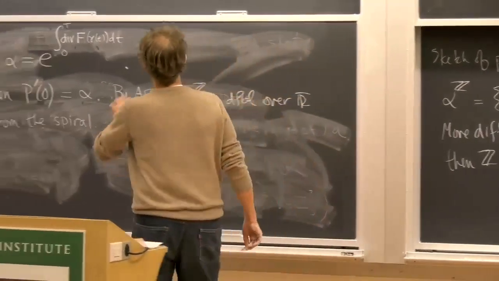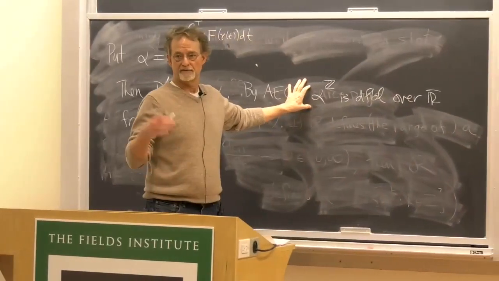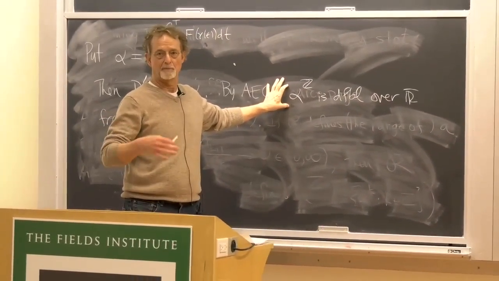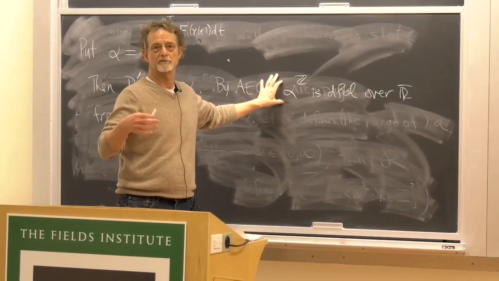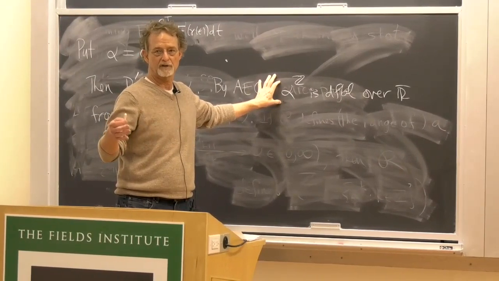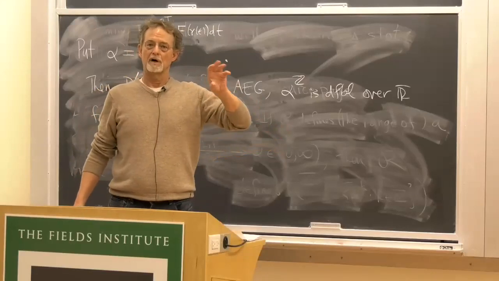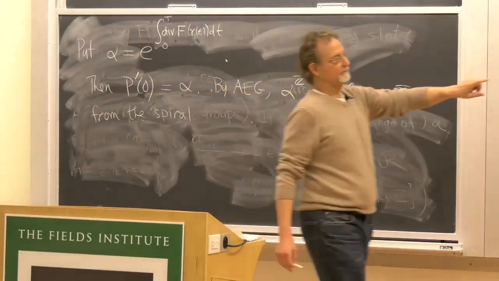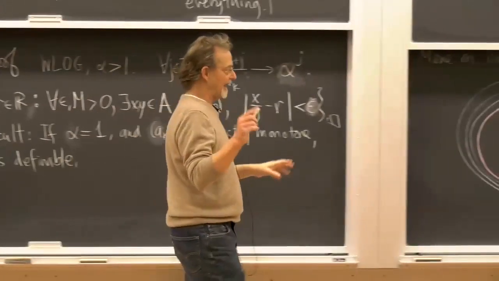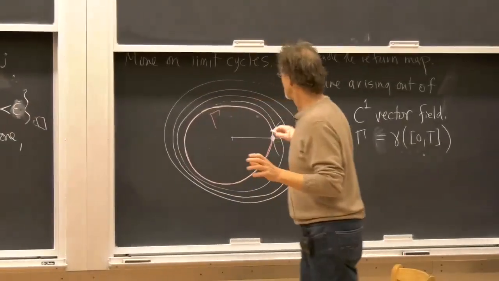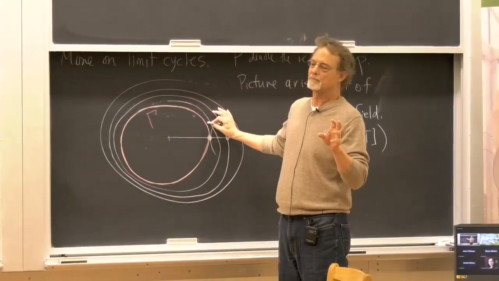So now I've got this, and if I'm making this assumption that I'm always working over the reals with restricted elementary functions, then I will recover an actual log spiral.